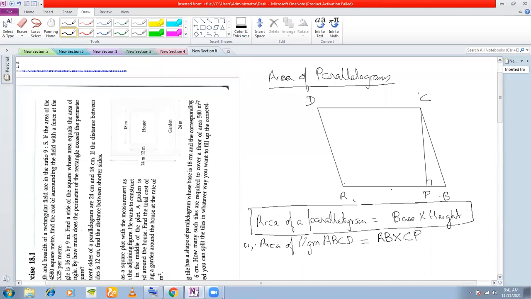Or what you can also do is produce this side, and from D drop a perpendicular here, let's call it Q. Then DQ becomes the height, and AB also remains the base. So either if you're considering CP as your height, or DQ as your height, the base remains AB. Clear with this? Any question? No, sir.